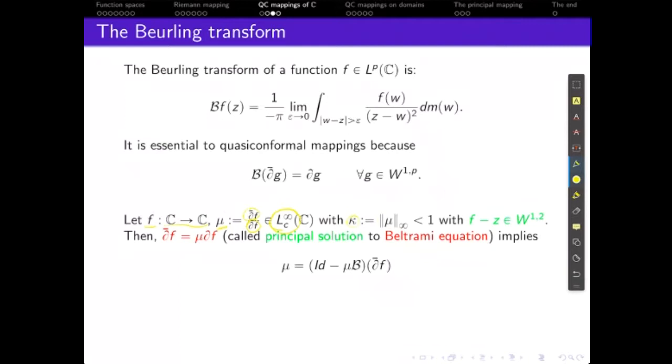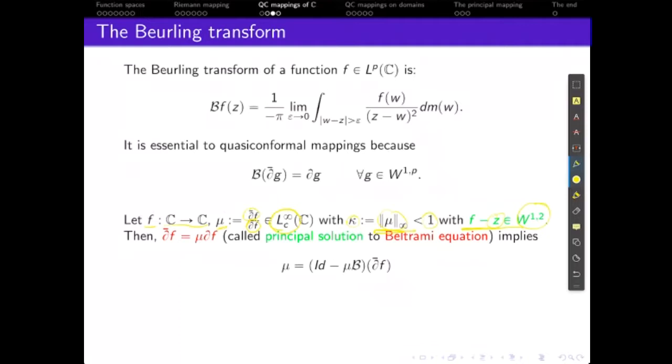Okay, and the distortion must be bounded by less than 1. Essentially this is what it means to be quasiconformal. And we don't only ask that F is Sobolev 1, 2. We ask a little bit more. We ask that it's the so-called principal solution. That means that at infinity, this behaves like z. So F minus z is a Sobolev function. So at infinity, this is essentially like z.